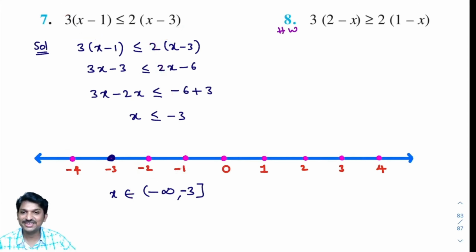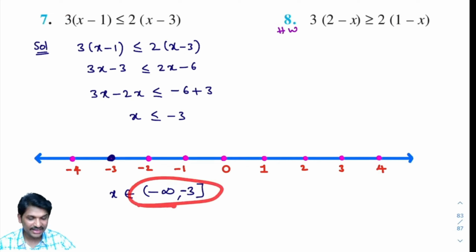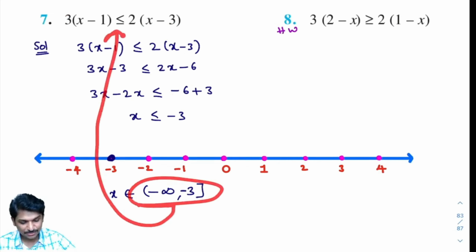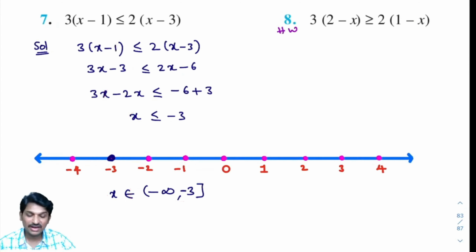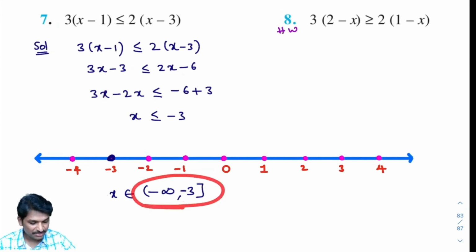It's good that we are checking. In this, you take any real x value in this interval, substitute in this, it definitely satisfies. Here we got x less than or equal to minus 3. In this, minus 4 is there.